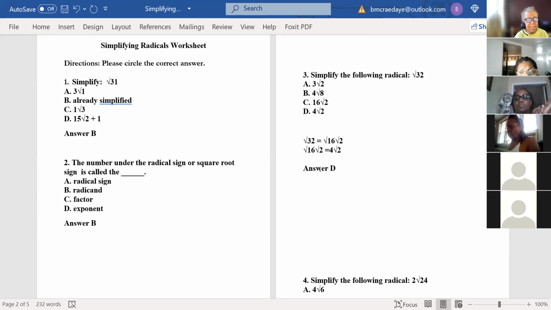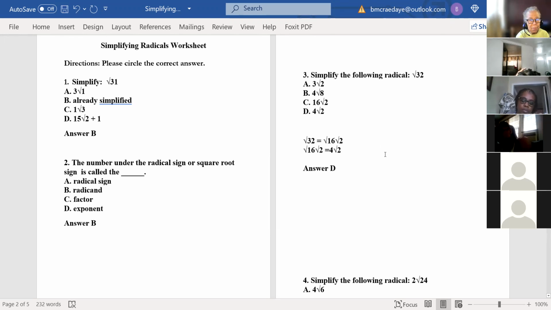Maureen, you said 16 times the square root of 2. But remember, if you take factors like Vanessa did, 16 and 2, the square root equals the product of two square roots, 16 and 2. 16 has a perfect square root, 4. Remember, I told you to remember those square roots that you know.